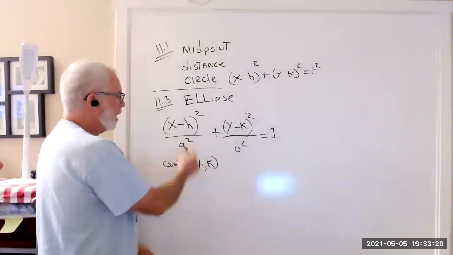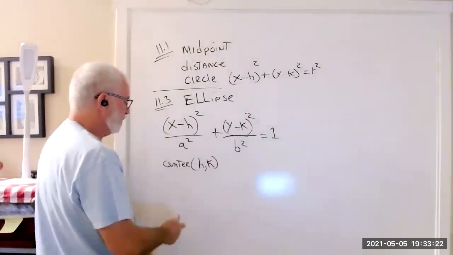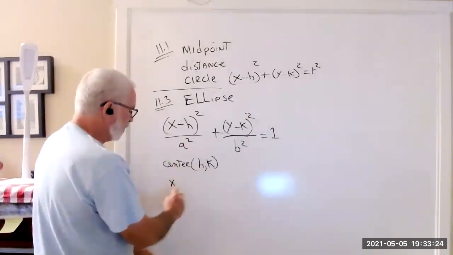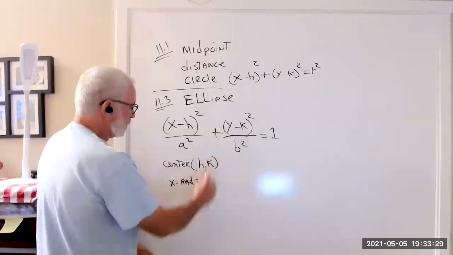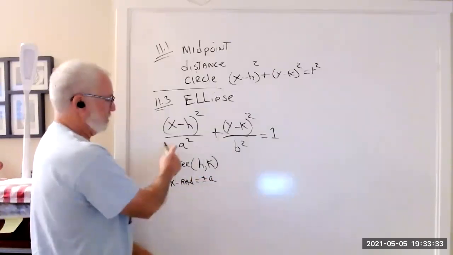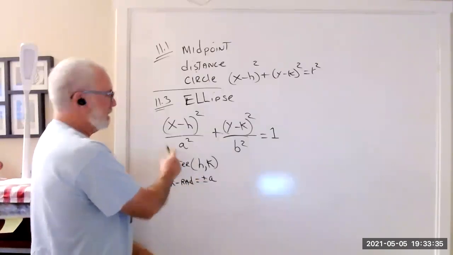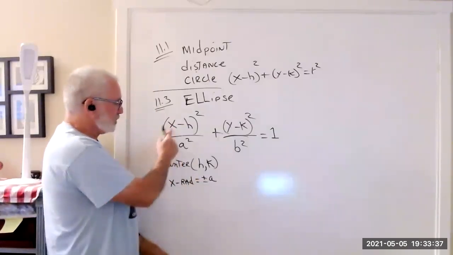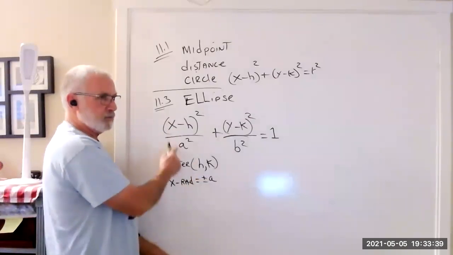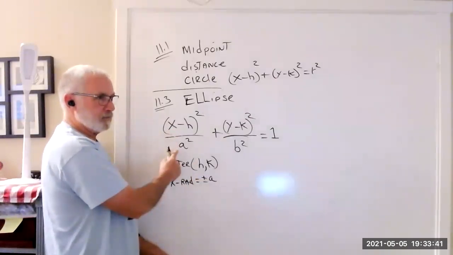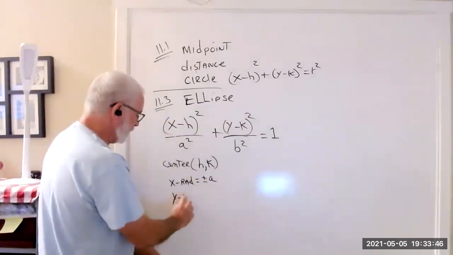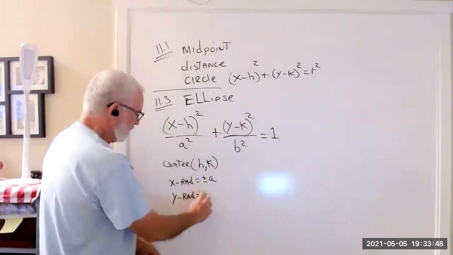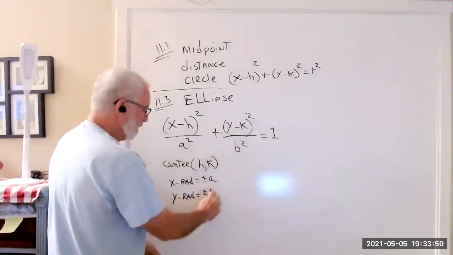You take the opposite if you need to. Then I introduce something called the x radius, and that's plus or minus a. Notice it's the x radius because it's under the x value. And it's a, not a squared, but a. The y radius is plus or minus b.